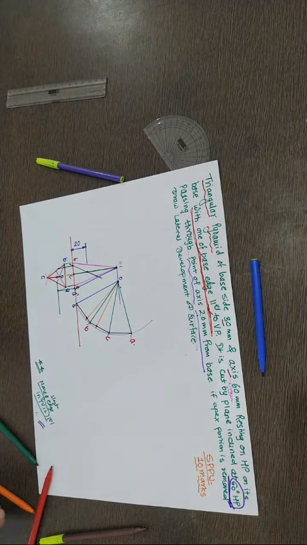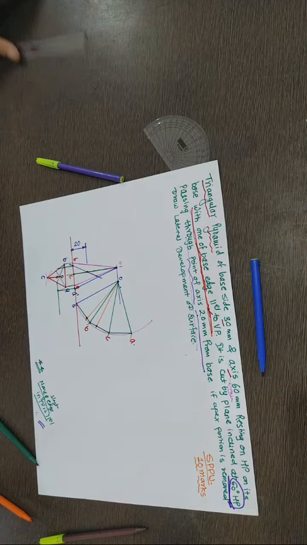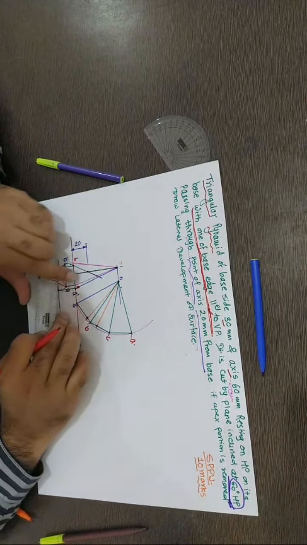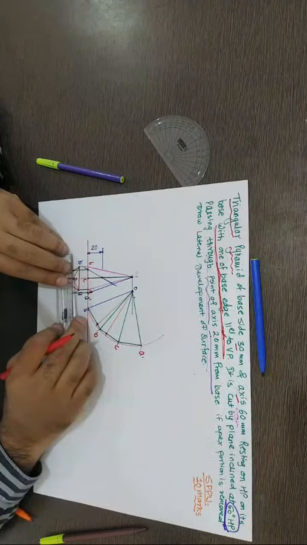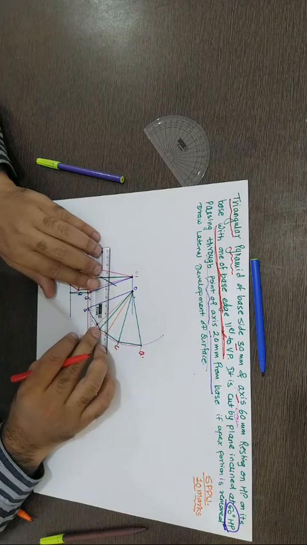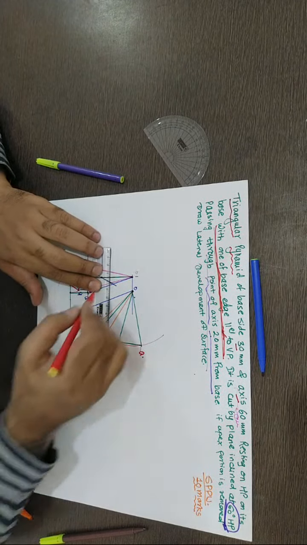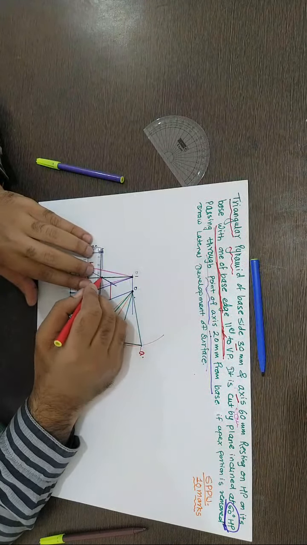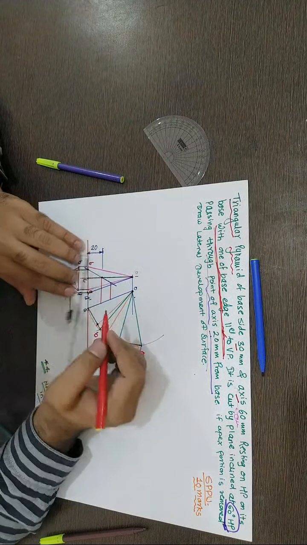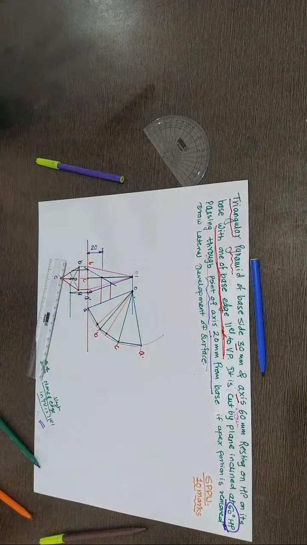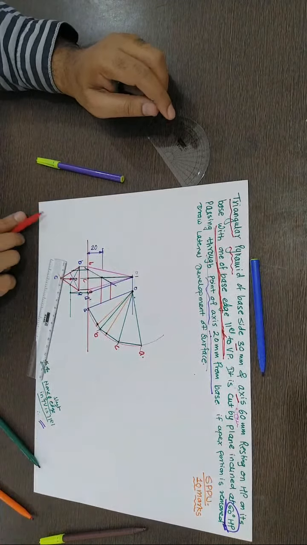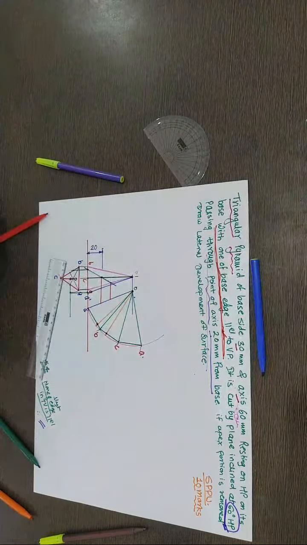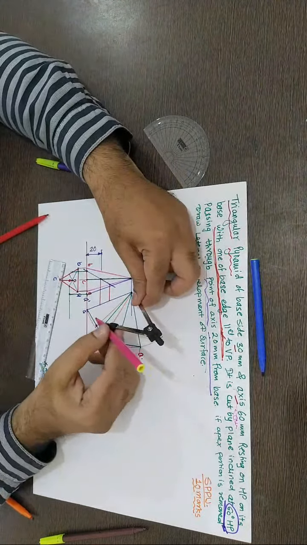Rest of the points are in a conventional way like the previous problem. So this is the intersection of the plane with the A edge, and this is for C. We don't have a B because B is not intersected by the plane. Now I'll take O as a center.